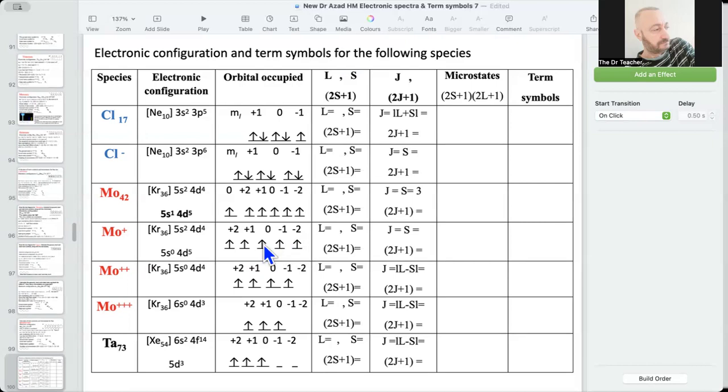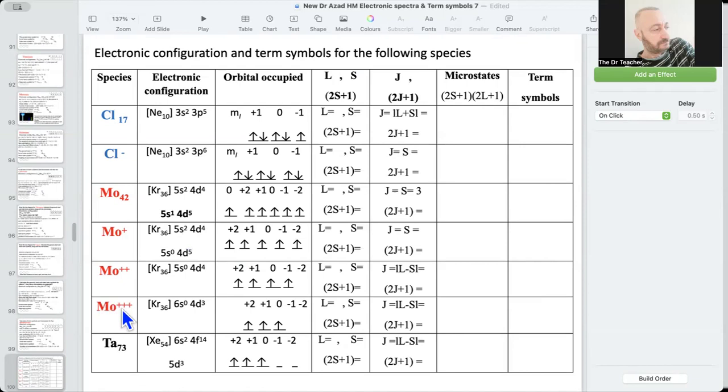So what happened here? There are 6 electrons. One of them migrated to the d, becoming s1 d5. So losing one electron from the s, remaining 5 electrons in the d orbital. So you count depending on these 5 electrons: you calculate L, S, J to J+1, microstates, and the term symbols.